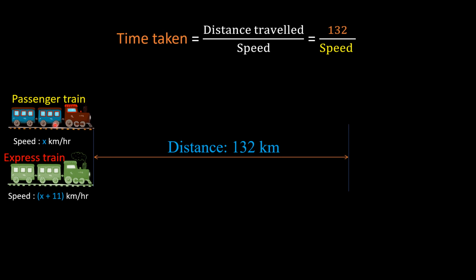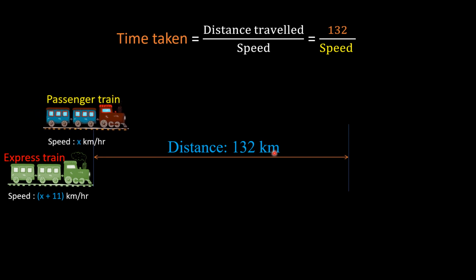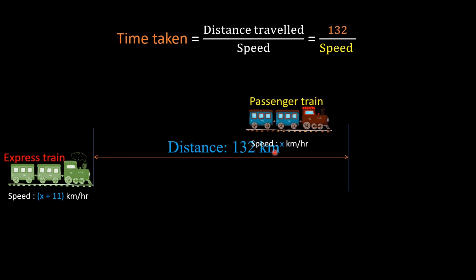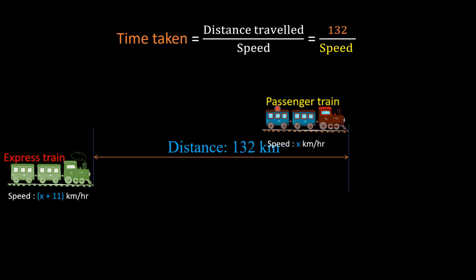Since the passenger train is moving with a slower speed compared to the express train, it will take more time to cover 132 kilometers. So the time taken by this passenger train at x kilometers per hour will be 132 divided by x, which will be more time.